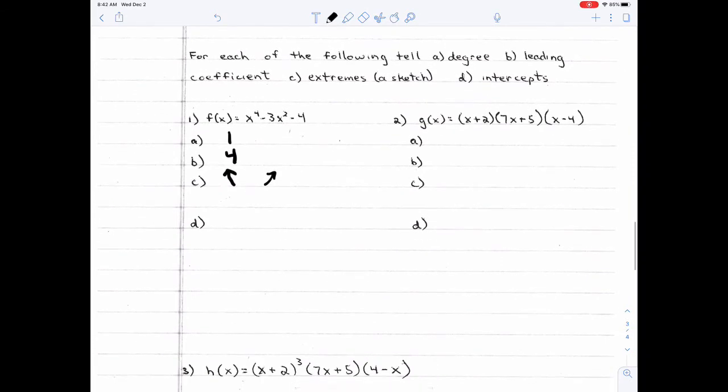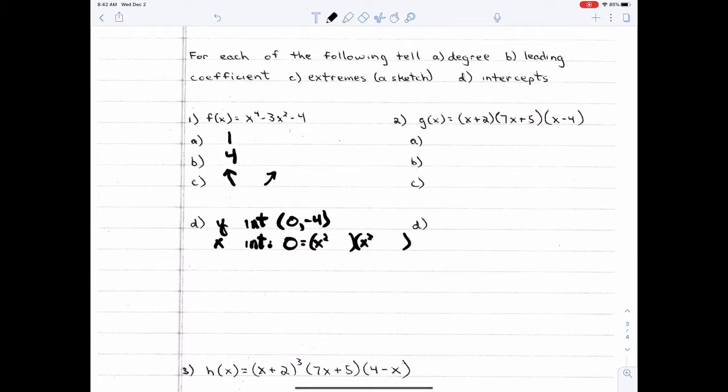Okay? And then the intercepts, the y-intercept is going to be 0, comma negative 4 if we plug in 0 for x. And the x-intercept, we're going to stick 0 and factor it. So what times what gives us x to the 4th? x squared times x squared.